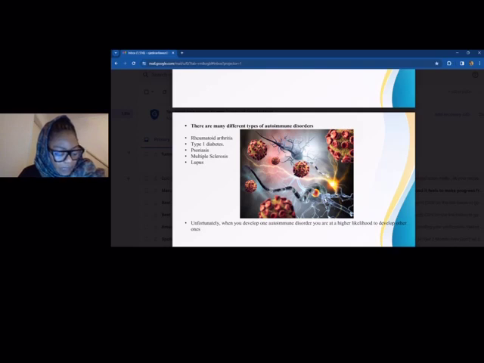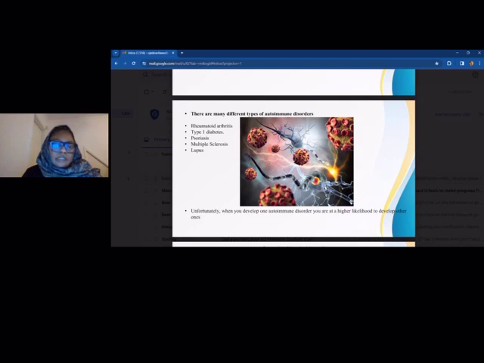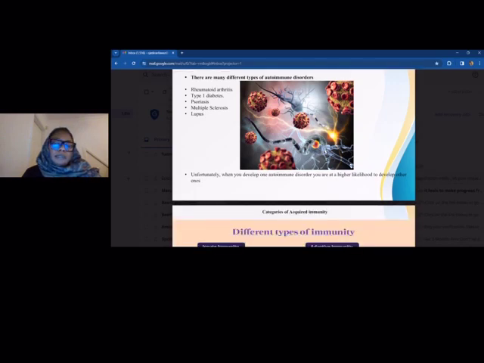We have the acute one, the chronic one, then the hyperacute, which are the three types of rejection that we have in the immune system.